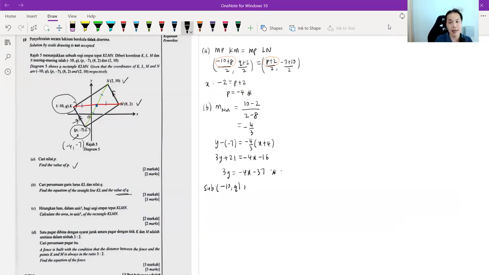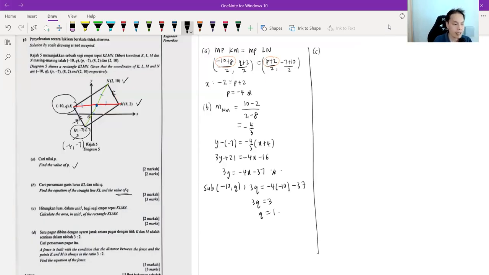Because point K lies on this line. That means my y is now Q, my x is now minus 10, so my 3Q is now 40. Negative 4 times negative 10 is 40. 40 minus 37 is 3. My Q is 1. Okay, I've got my value of Q.